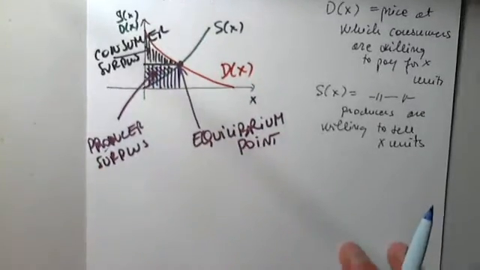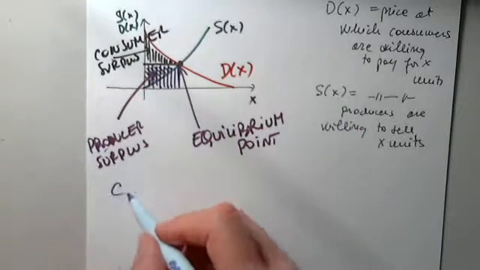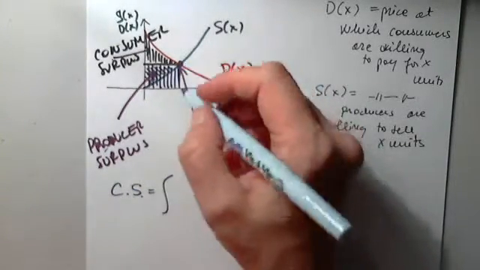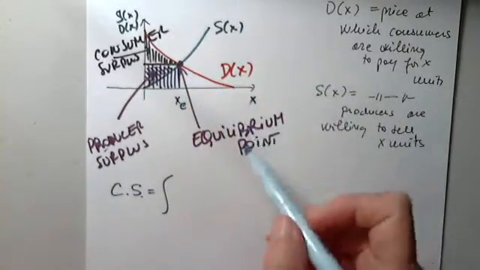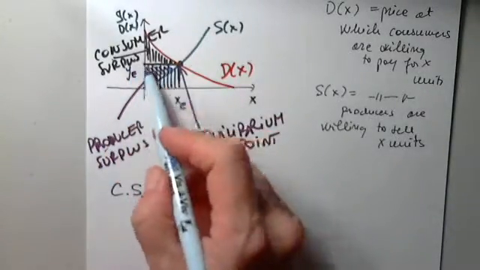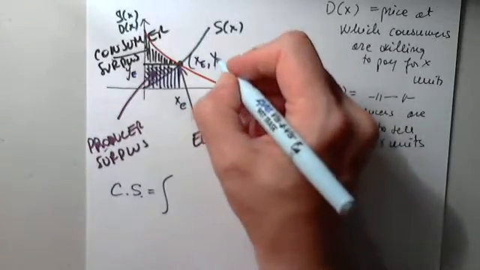No need to memorize these formulas. So how do I determine the consumer surplus? Consumer surplus is the integral from 0 to xe, the x of the equilibrium point, and this is ye, the y of the equilibrium point. So this point is xe, ye.